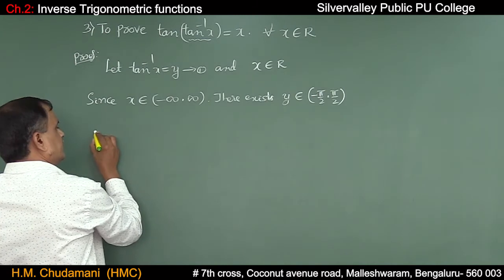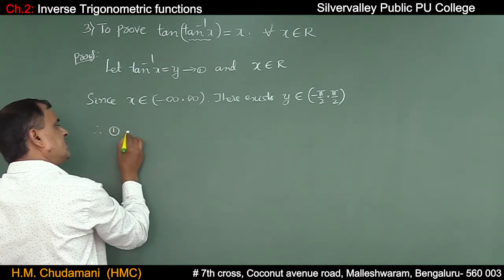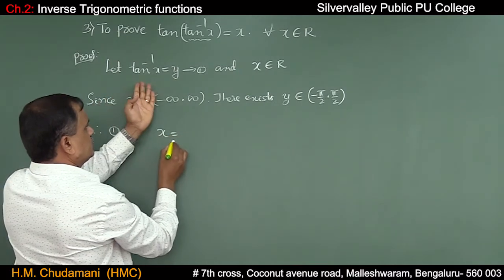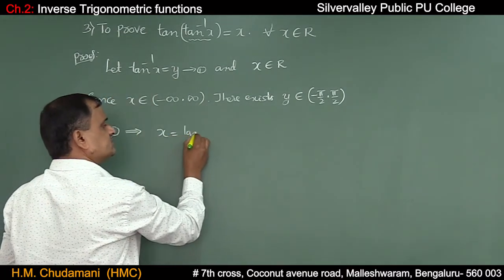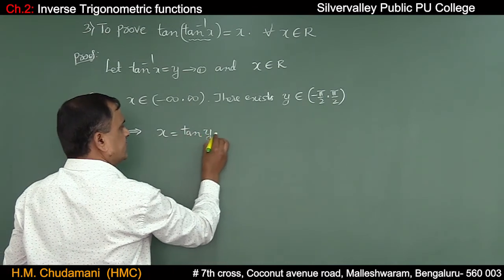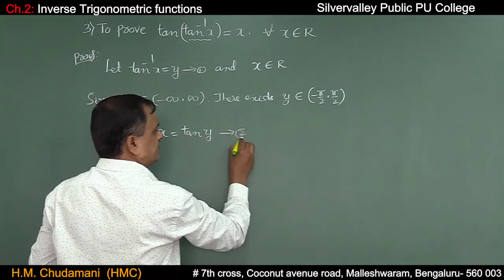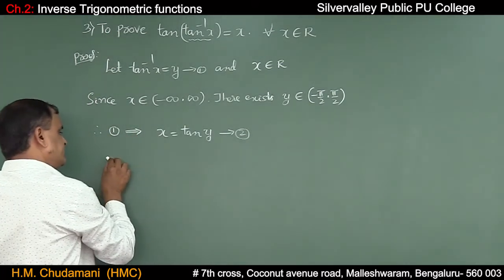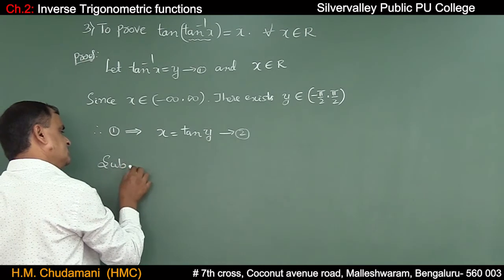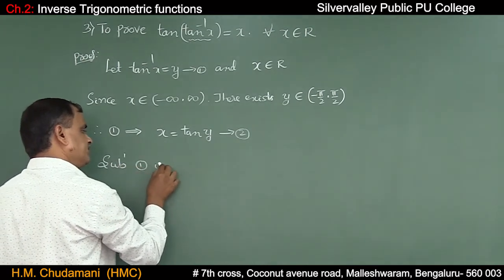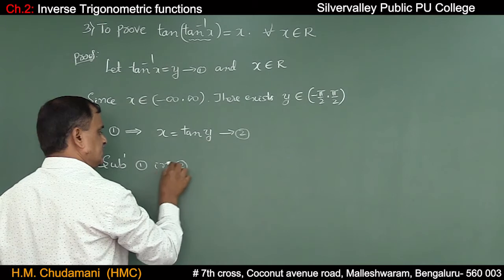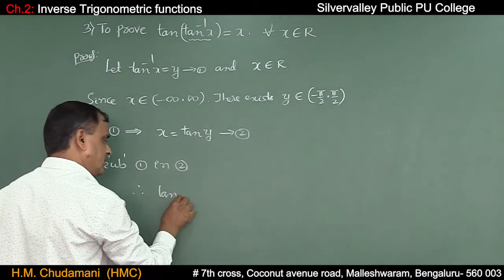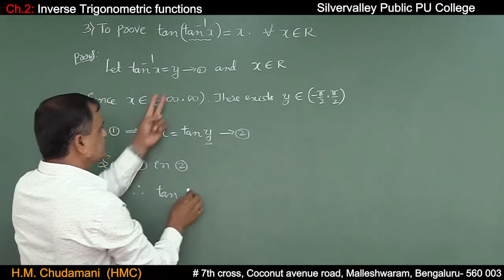So therefore equation 1 can be written as x is equal to, shift tan to the other side, since the inverse of the function exists, tan y, say equation 2. Okay, substitute equation 1 in equation 2. Therefore tan of y, what is y?